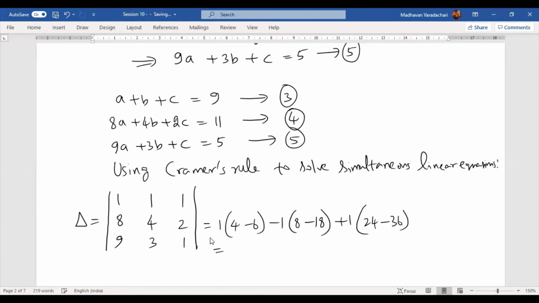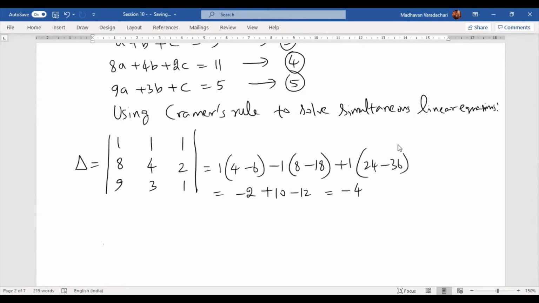Now this is negative 2. This is negative 10. Negative 10 into negative 1 is positive 10. This is negative 12. So how much do we get? This is 8. 8 minus 12 is minus 4. So delta is minus 4.